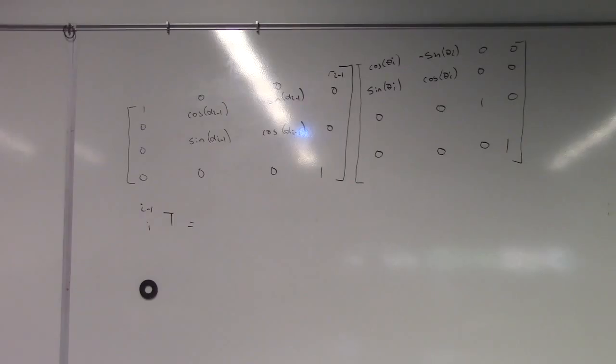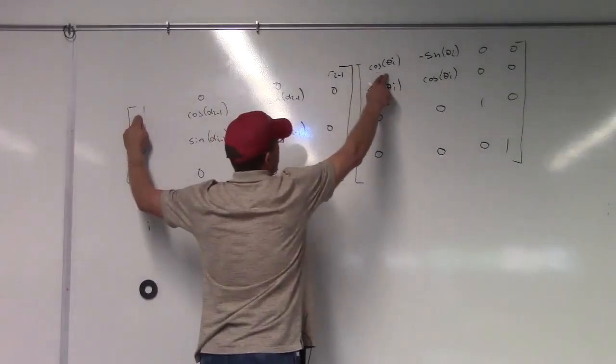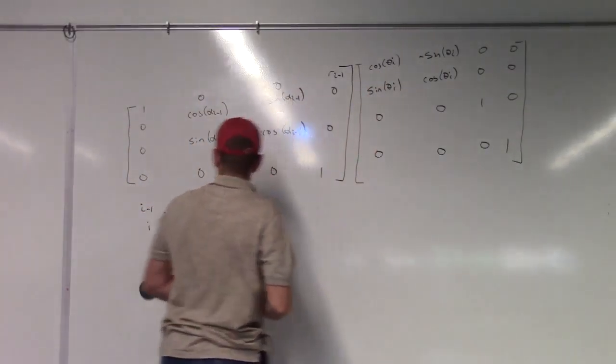Do you guys want to see me do this by hand, or can I just copy it off my paper? It's probably going to be equally successful either way because I'll always copy it incorrectly. I might as well just do it by hand. So we have 1 times cosine of theta plus 0 plus 0 plus 0.